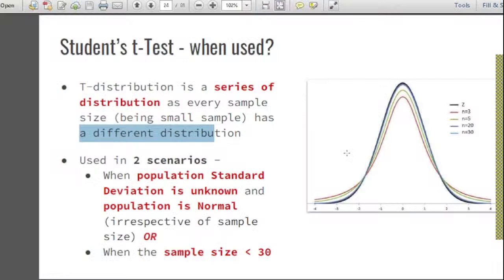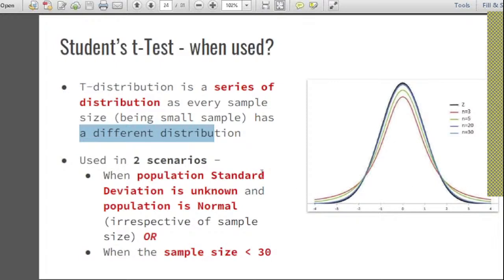That is what I'm saying here. When n is small, that means this red one, can you see the thicker, heavier tails for red? Please respond. All you have to do is listen to me, understand, and then respond. Why is it?